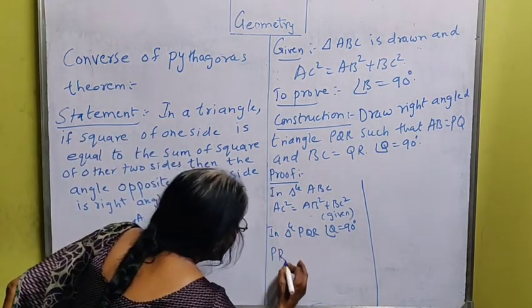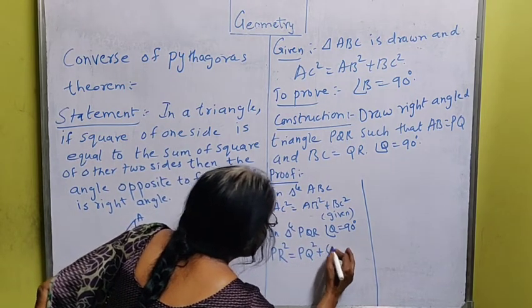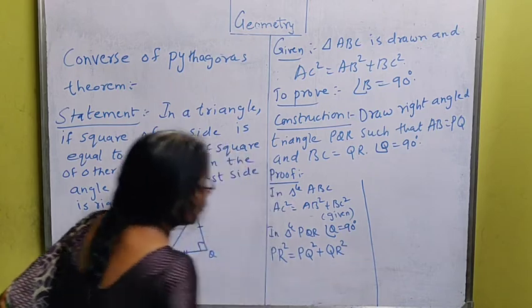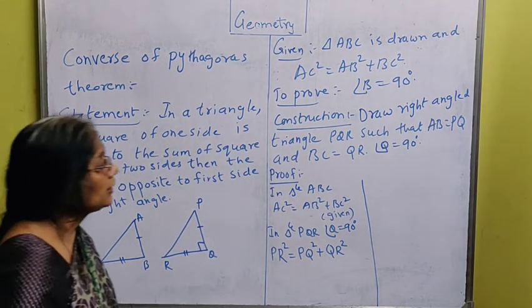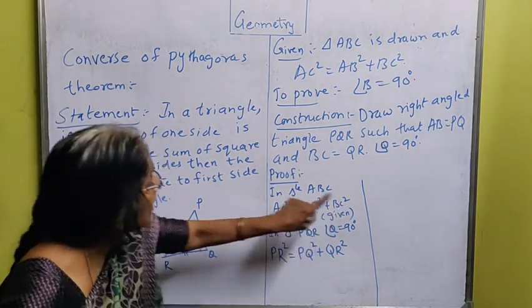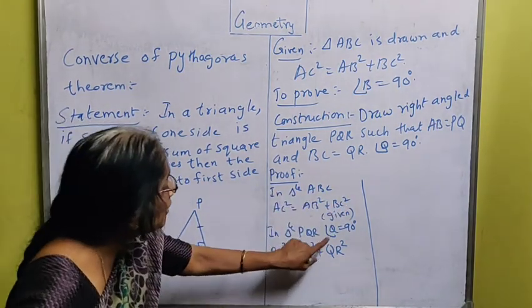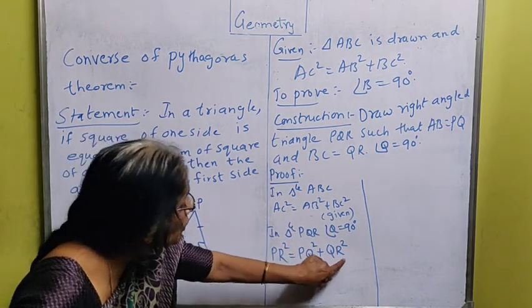So PR square is equal to PQ square plus QR square. Got it? Okay. Now we have AC square is equal to AB square plus BC square in triangle ABC. In triangle PQR, angle Q is 90, PR square is equal to PQ square plus QR square.